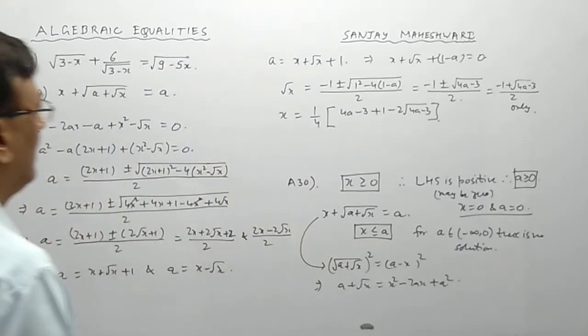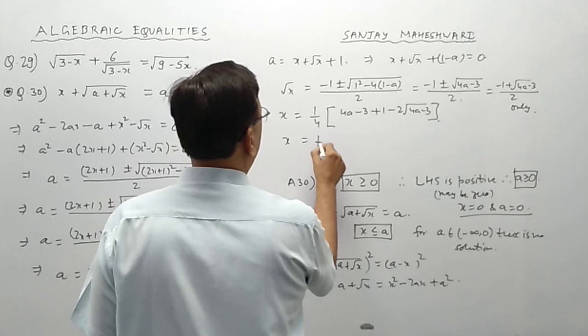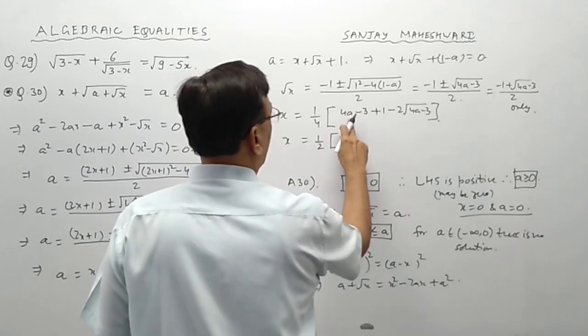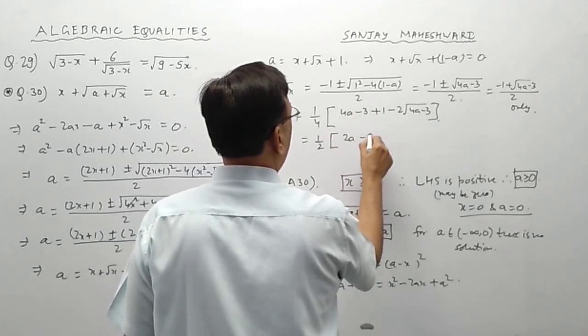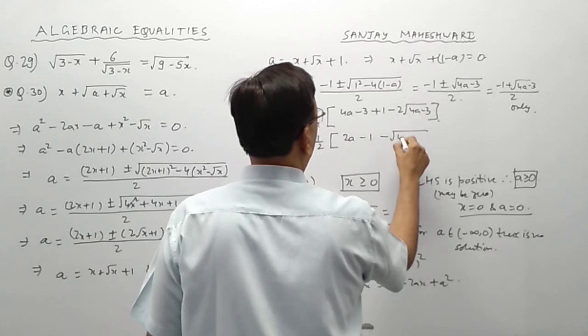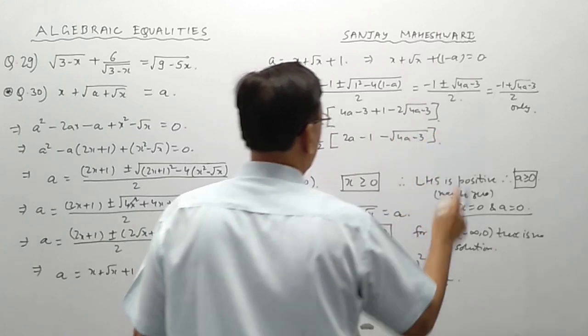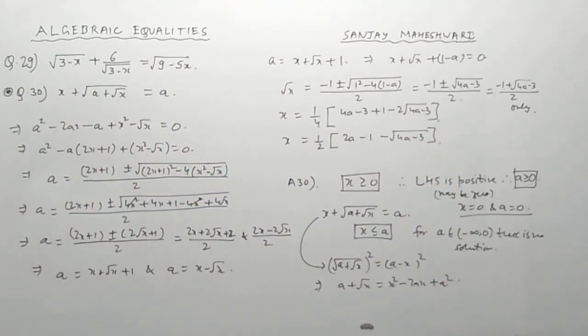So what we are getting? This is x equal to 1 by 2. 2a minus 1 minus root over 4a minus 3. So on solving this, we are getting 1 upon 2, 2a minus 1 minus root over 4a minus 3. This is correct.